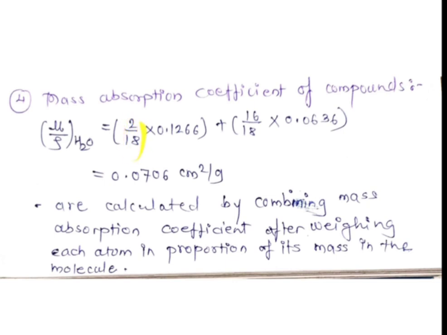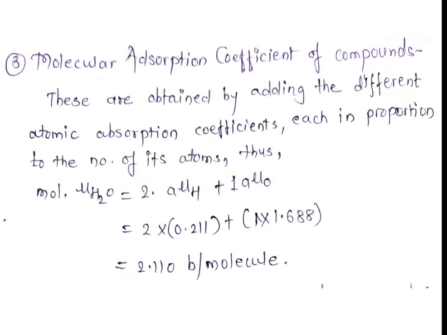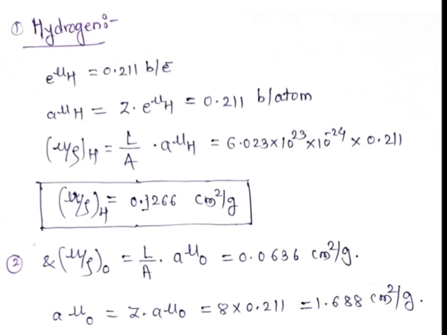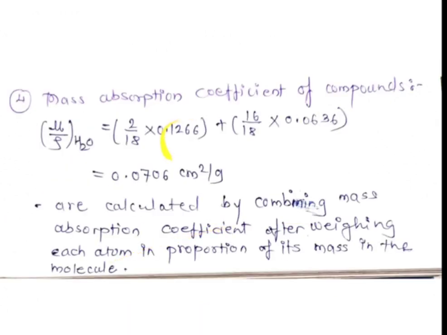2 hydrogens are there in the mass 18. So 2 by 18 into the mass absorption coefficient mu by rho, which is 0.1266.